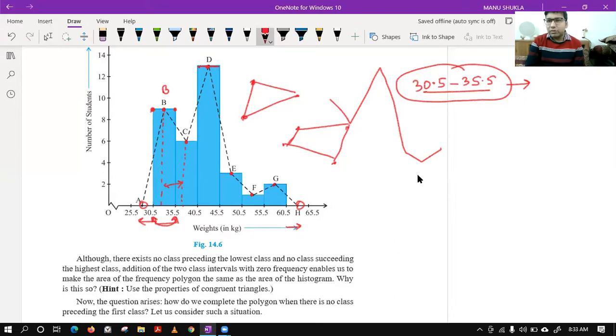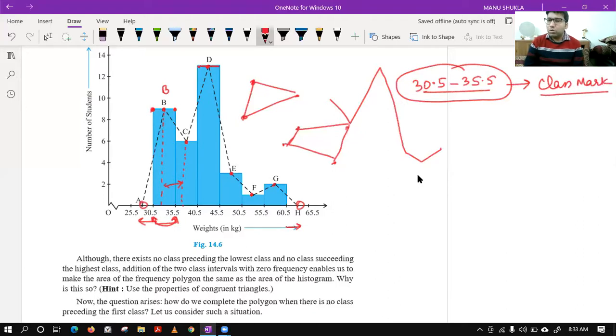So if I give 30.5, the starting one, that will be wrong because it is not completely addressing the group. So better we find the middle number. And to find the middle number, we all have the trick of finding the mean or the average. And we all know how we find that. Just add the two values and divide by 2. That concept is known as class mark.